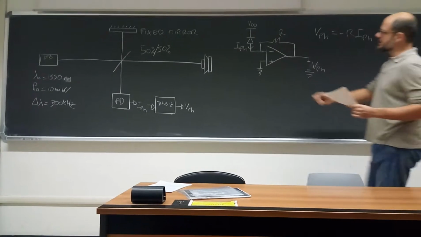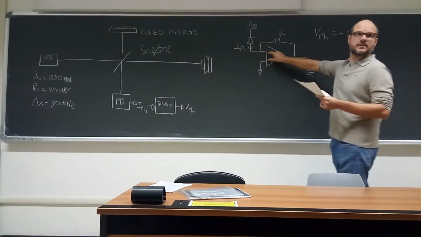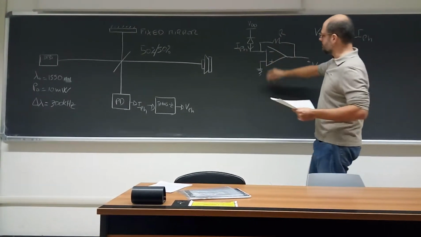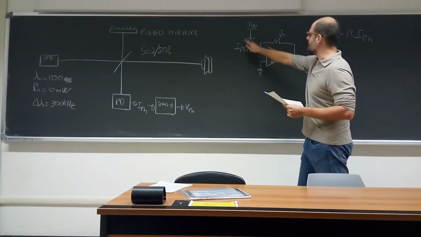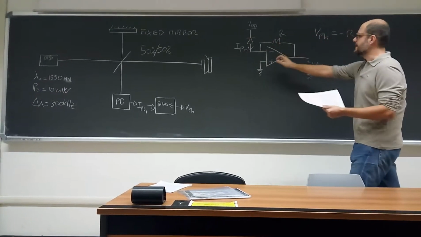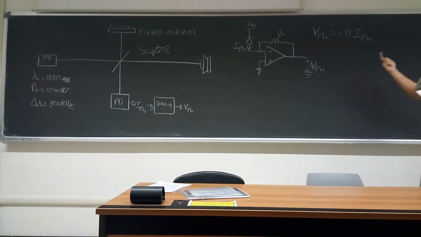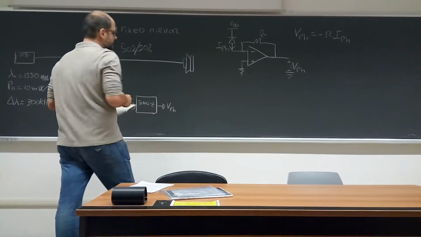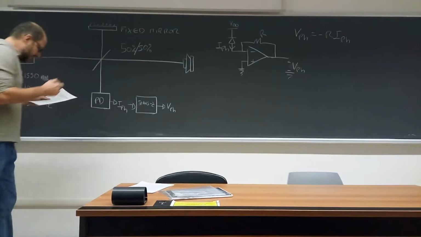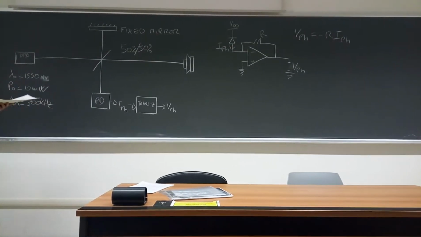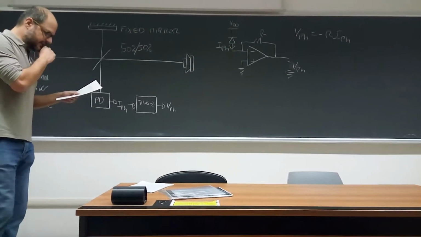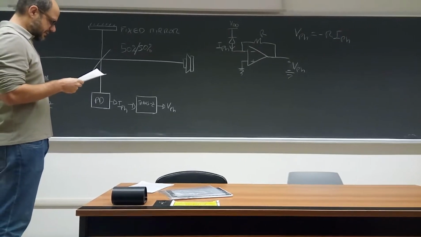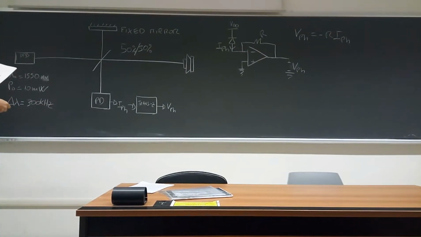This is because here you have the virtual short circuit or ground, so you have 0 voltage here, so all the current goes into the resistance, and then you have the minus sign here. So this is one of the possibilities to transform current into voltage.